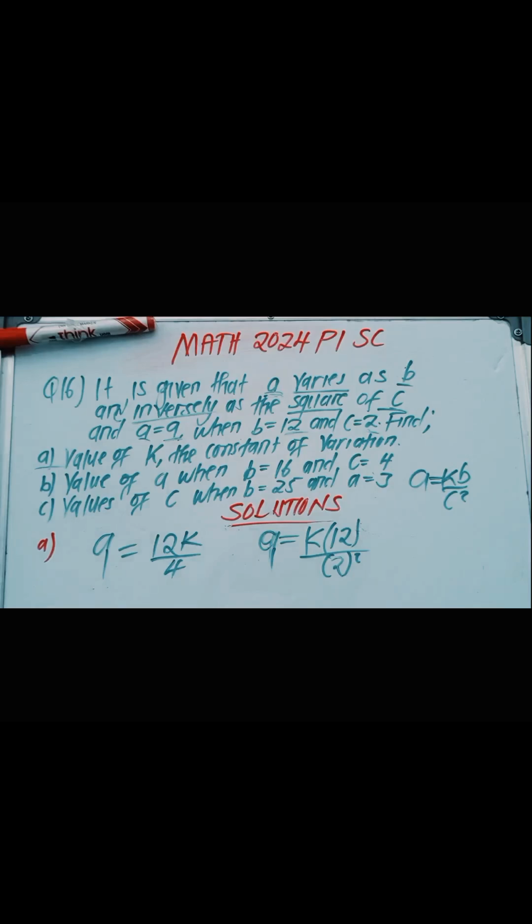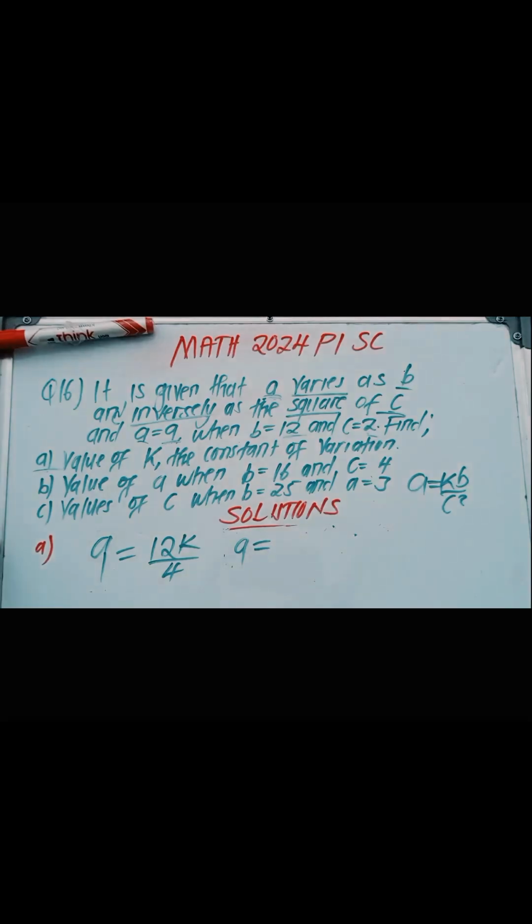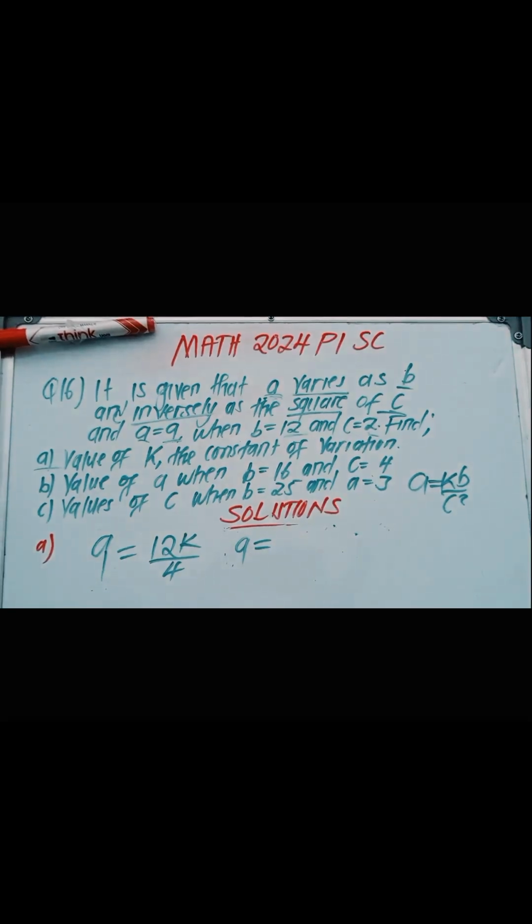I hope you are able to comprehend what I'm trying to say. Now we are going to divide to simplify our work. What is 12 divided by 4? The answer is 3. So we are remaining with 3k.